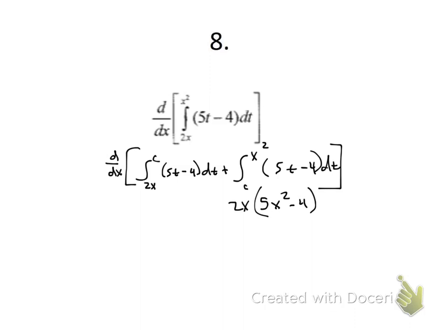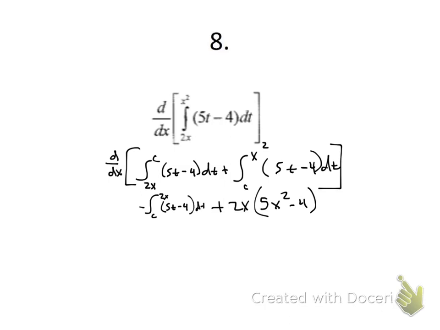Agree? But over here, it's always from a constant to a function. So how can I change that? I could negate it. So it's now negative from a constant to 2x of 5t minus 4 dt.